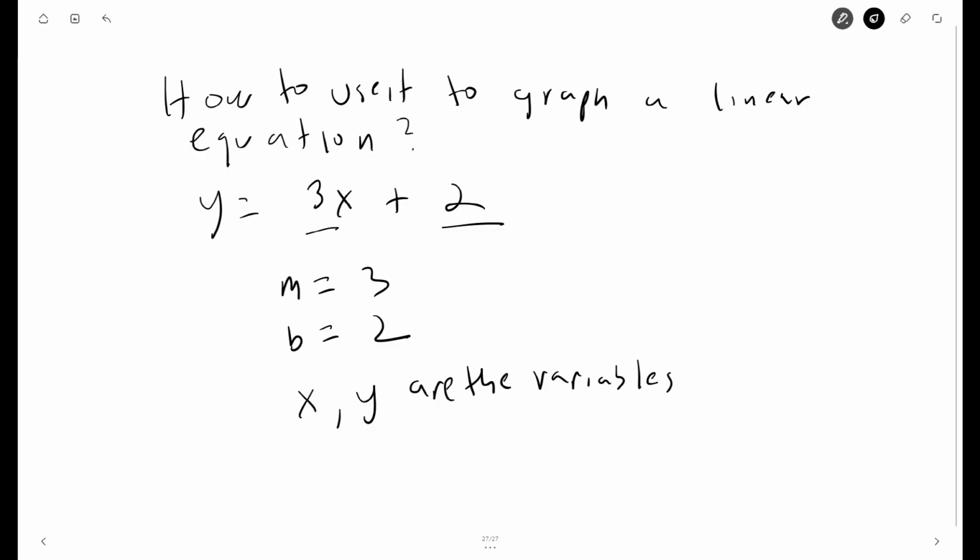So let's graph the xy axis. First, we're going to plot the y-intercept.